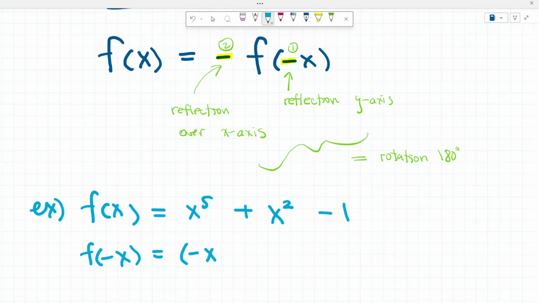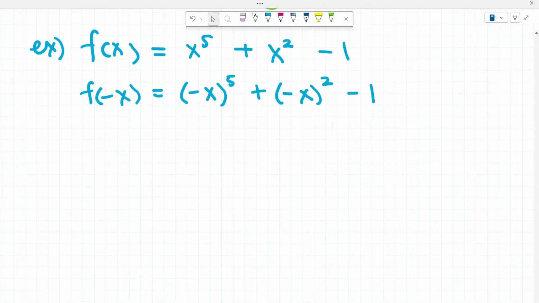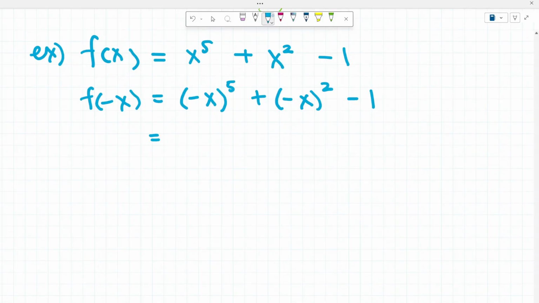So we get negative x to the power of 5 plus negative x to the power of 2 minus 1. Our rule here is if you have an odd exponent and you have a negative, then it will remain negative. So we have negative x to the power of 5. Here we have a negative base with an even exponent, so it becomes positive. So then we have plus x to the power of 2 minus 1. So that is our f of negative x.